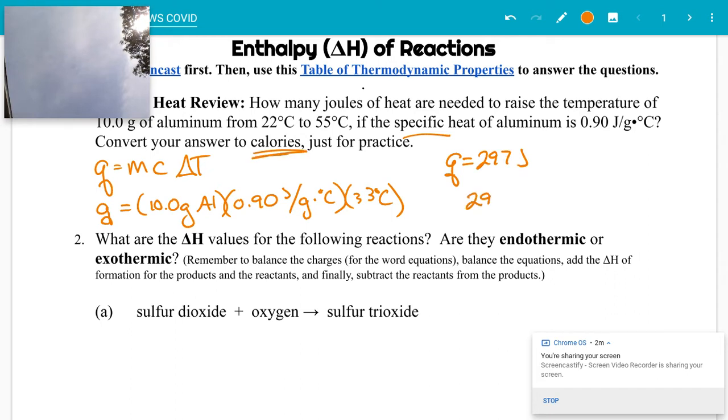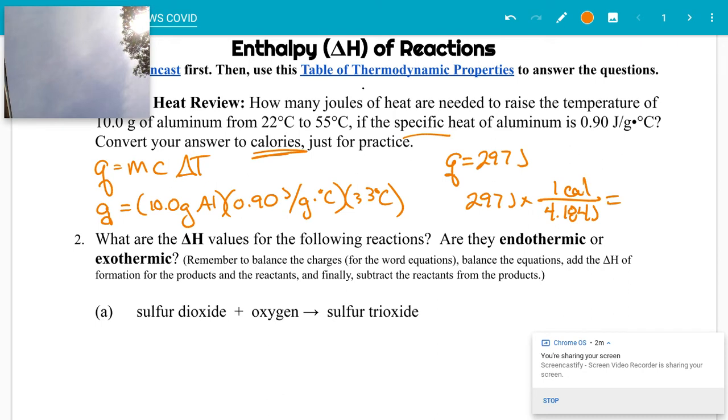So to do that, 297 joules, our conversion factor, we would want to put what we're trying to get rid of on the bottom, which is 1 joule. Actually, I'm going to do that differently. It's 1 calorie for 4.184 joules to every 1 calorie.